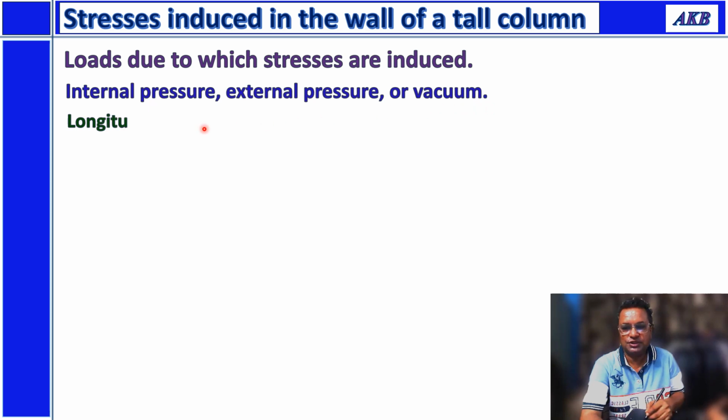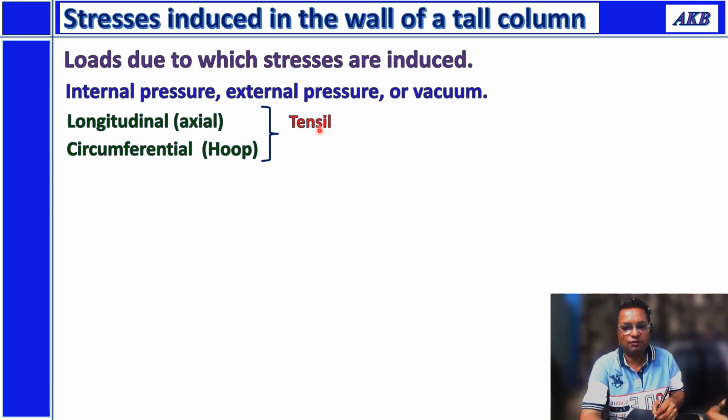These loads are going to induce longitudinal stresses and circumferential stresses both. Longitudinal stresses are also known as axial stresses, and circumferential stresses are also known as hoop stresses. And what will be the nature of these stresses? They will be tensile and compressive.